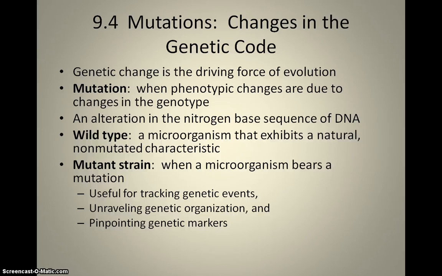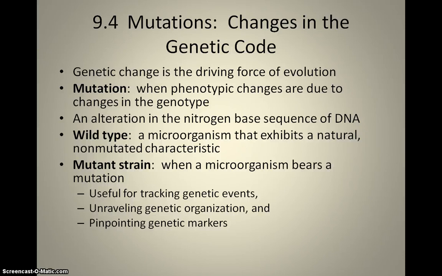An organism that is in its natural state is called a wild type organism. So it's a non-mutated organism. An organism that has some sort of genetic difference is called a mutant strain, and it has some sort of mutation. A lot of times these are really useful for us to look at genetic markers and to pinpoint what genes do.